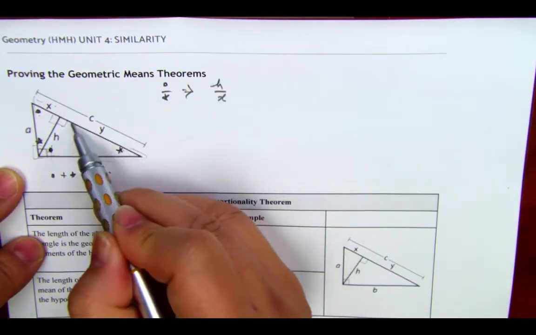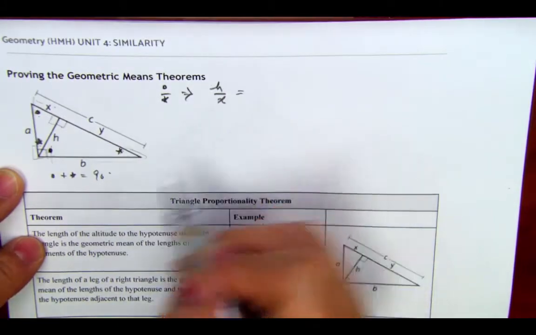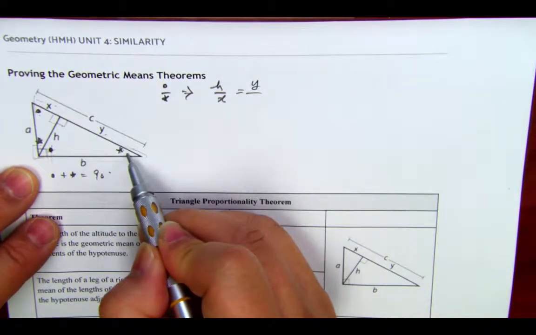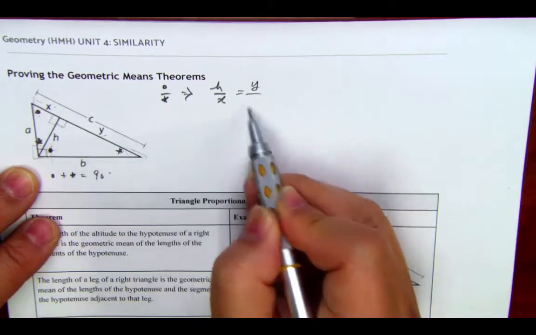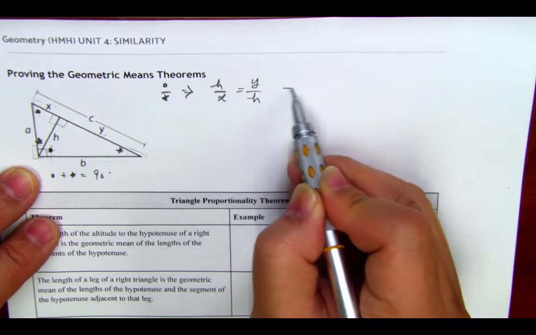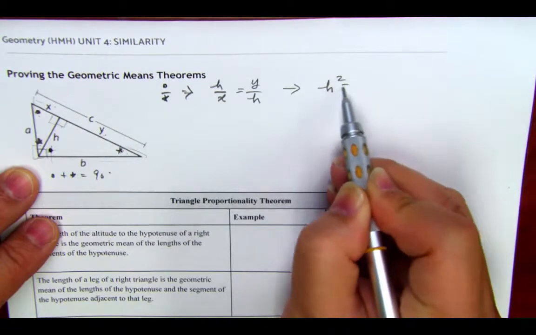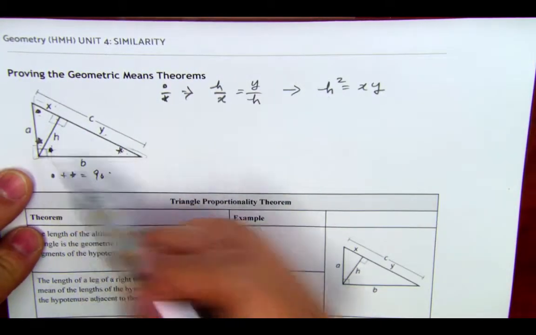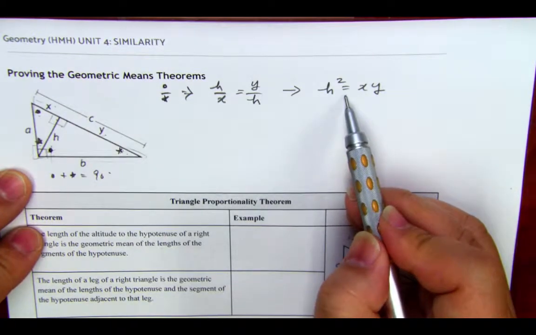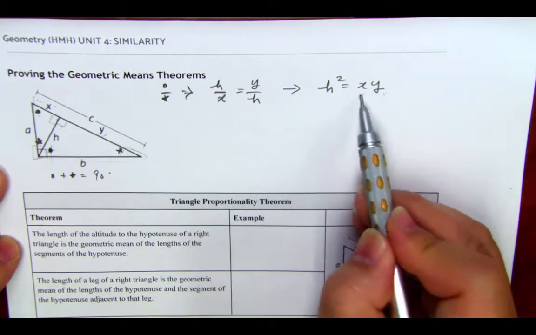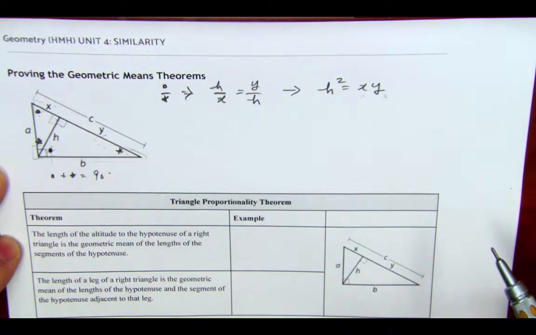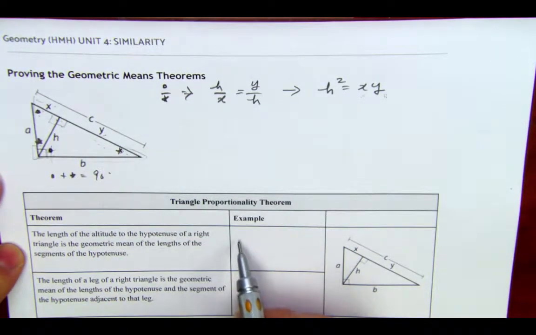If you get this triangle over here, guys, what do we end up with? The side opposite the dot is y, and the side opposite the star is h. So when you cross multiply, that implies that h squared is xy, or we simply say that the height of this is a geometric mean of the two right here, guys. Do you see that? Right. So that's what they were talking about right here.